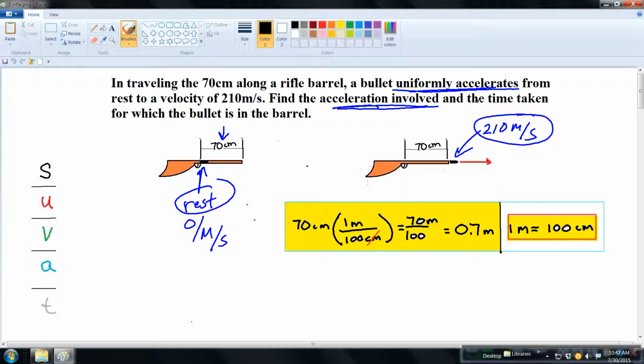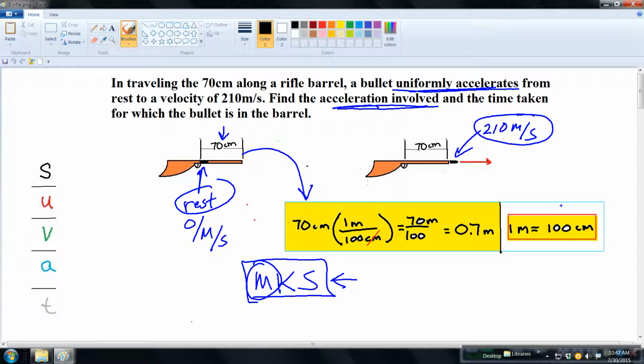It's 70 centimeters. Now, one thing we've got to realize is that we're working with meters, kilogram, second, the MKS system of measurement when we do our physics problems, unless shown otherwise. So we can't use centimeters. We have to convert to meters.